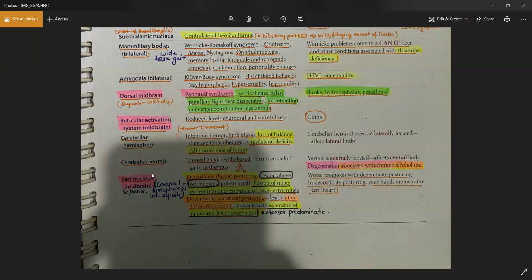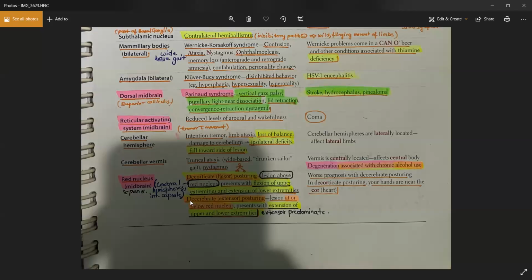Then you have the red nucleus, and I told you to remember the decorticate and decerebrate posturing for the red nucleus. If the damage happens at the level of the red nucleus, that means at the level of the midbrain or above, you will get decorticate posturing, which means flexion of the upper extremities and extension of the lower extremities.